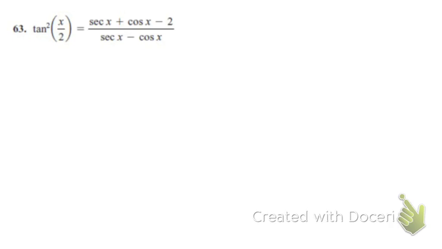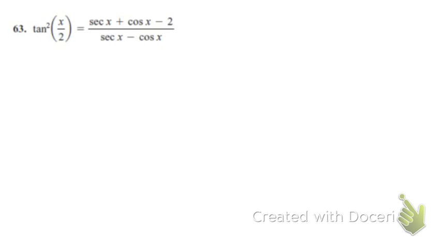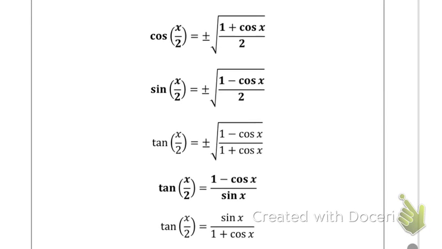So I'm going to remember that when I look at that tangent squared x over 2, and I go to my half angle identity sheet, because I can rewrite tangent of x over 2 as one of these 3 different ways.